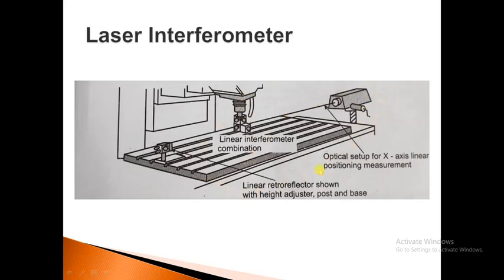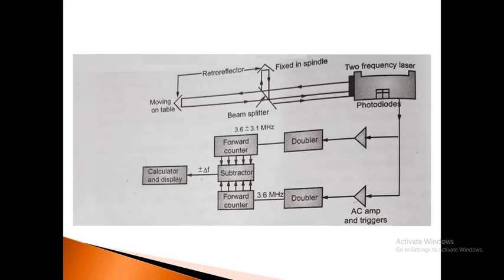This is one of the optical setups. The laser interferometer uses a helium neon laser beam which is split into beams. This is one of the schematic components of a laser interferometer.